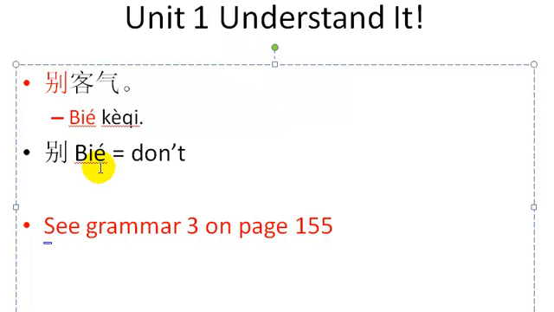It doesn't mean like I don't like. You can't say 我别喜欢. That is 我不喜欢. Here, 别 only means don't when you're commanding somebody not to do something. You use 别. Okay? 别客气.